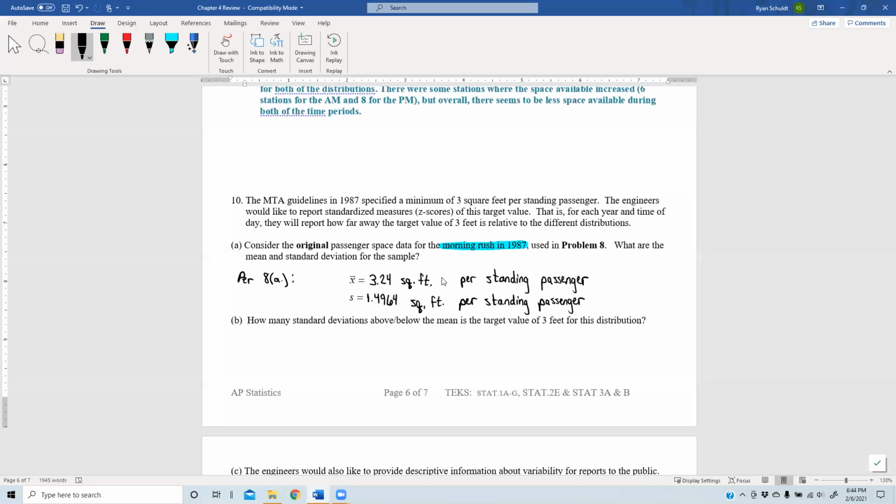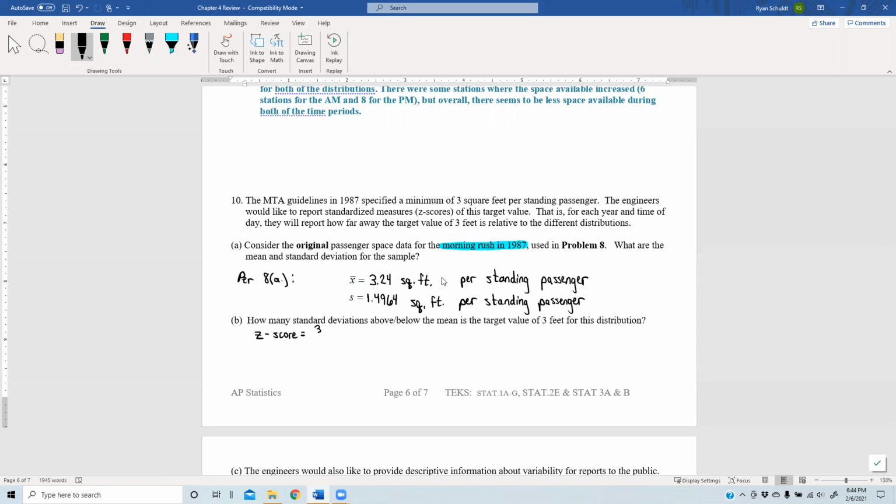How many standard deviations above or below the mean is the target value of 3 feet for this distribution? What this means is that we need to get the z-score. So we're going to use the values that we found, and then the 3 feet.